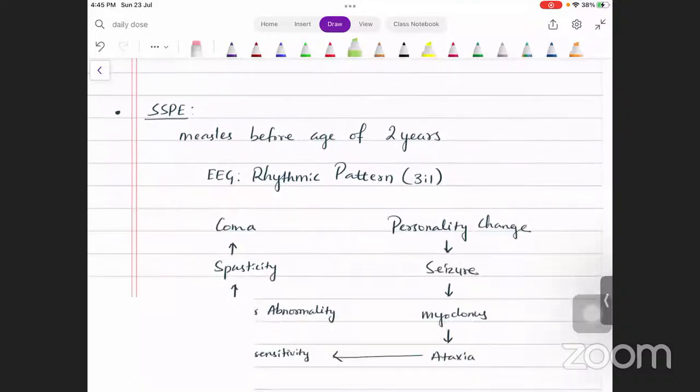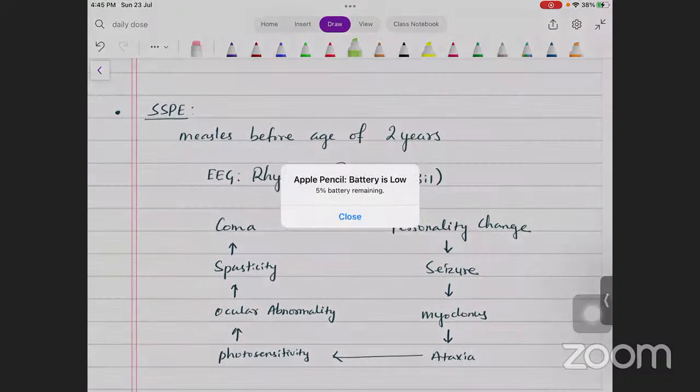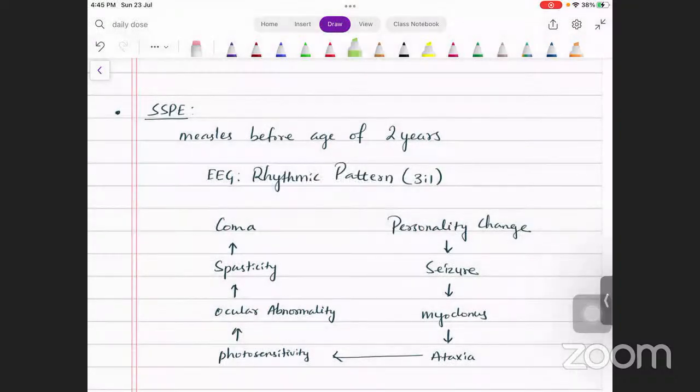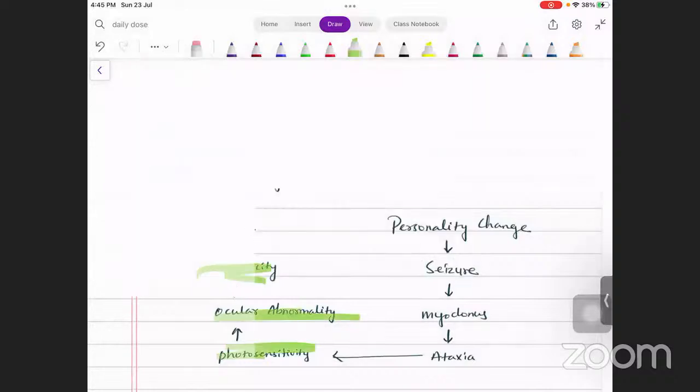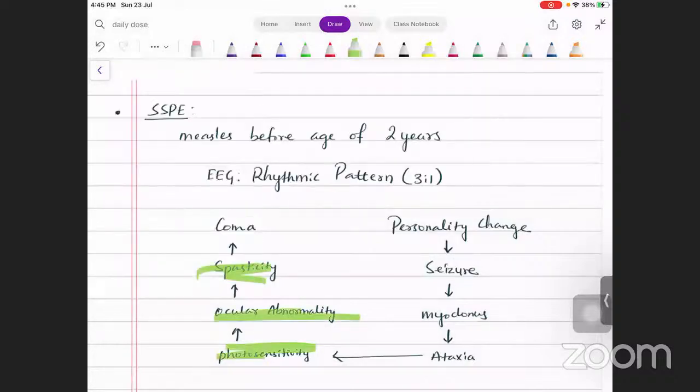Then you have SSPE, which is a late complication of measles, and EEG shows a rhythmic pattern. Apart from that, you may see coma, spasticity, ocular abnormality, and photosensitivity as the progression of SSPE.